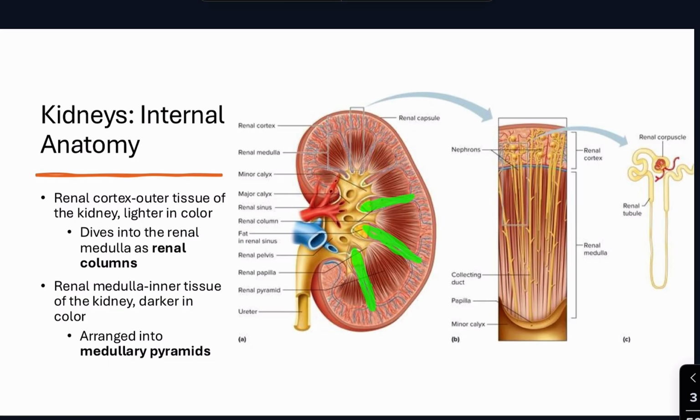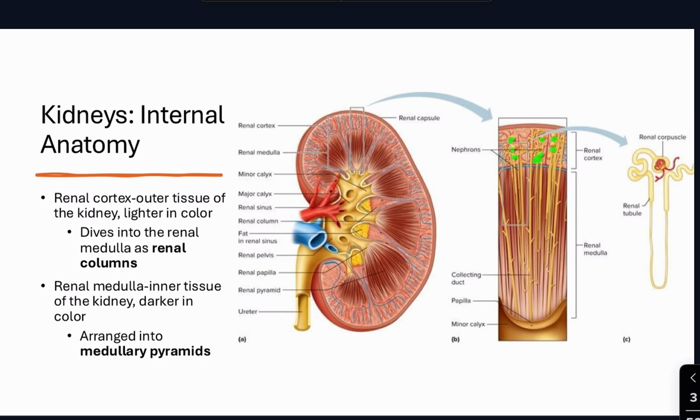Okay. And if we zoom in a little bit on this one little square portion that we see over here on the left, we're going to see, a little bit closer, what are called nephrons. These are tube-like structures that go up and down throughout the medulla and the cortex. And we'll soon see that certain structures are only present in the renal cortex and others are going to be in both, right?